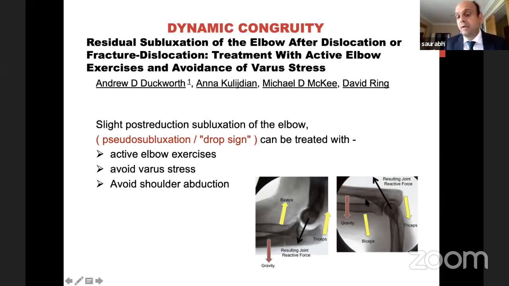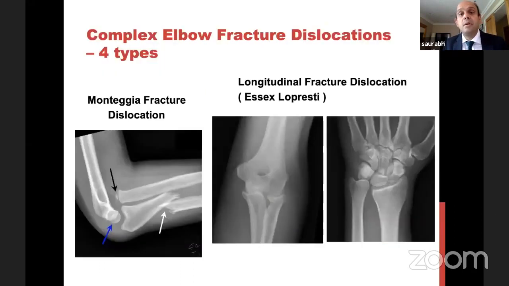This is how we do elbow exercises, whether post-operative or for a simple elbow dislocation. Here you will see that with gravity, the radius and ulna are brought back into the joint, so it keeps the joint congruous. That's an important principle to appreciate: the effect of gravity on elbow pseudo subluxation.